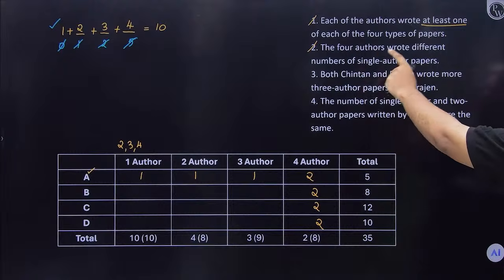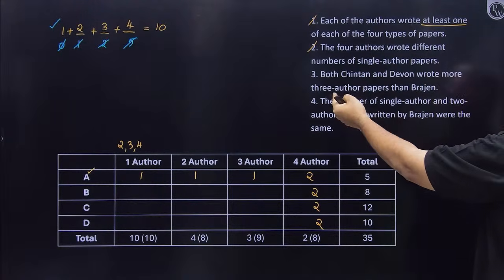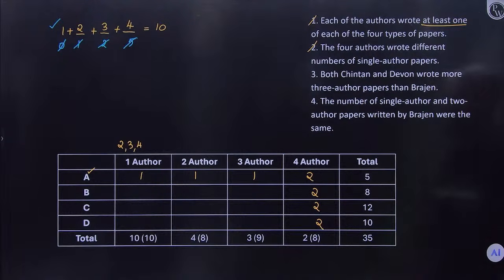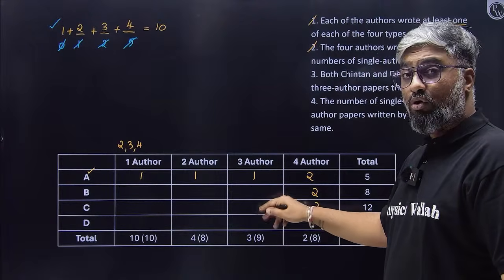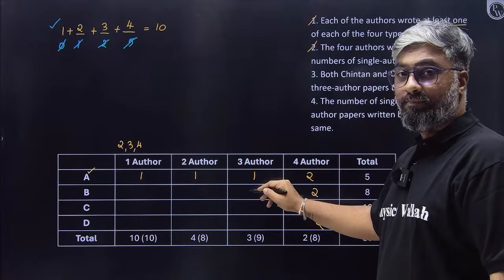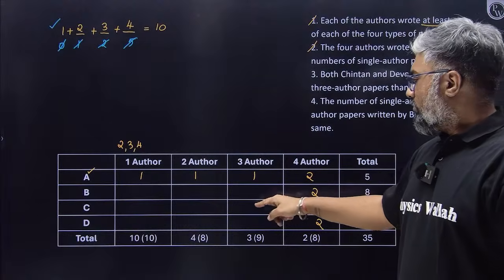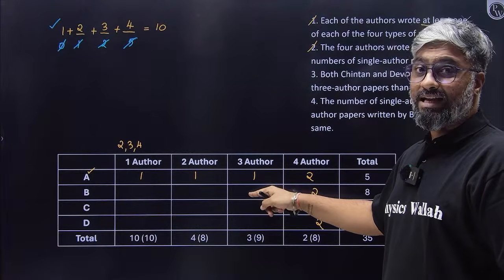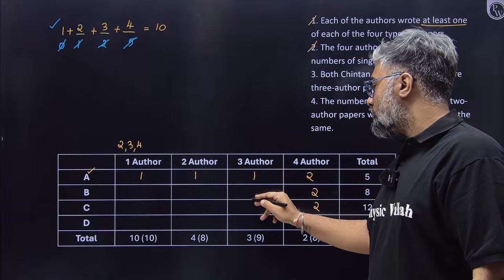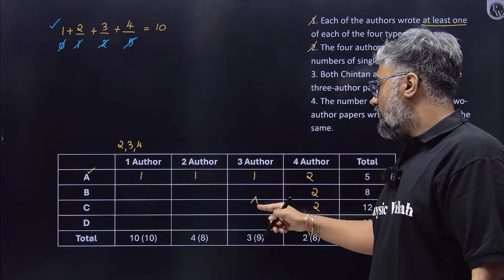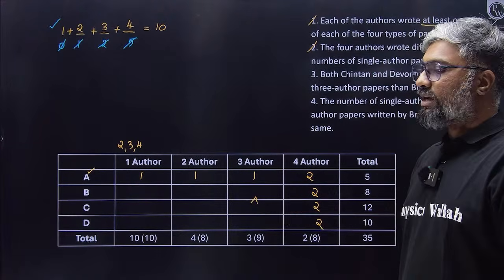Next, both Chintan and Devon wrote more 3 author papers than Brahan. Yes, 3 author papers, Chintan and Devon, both of them wrote more than this guy. Think about that, okay? These two people wrote more than this. So these two should be greater than B, correct?